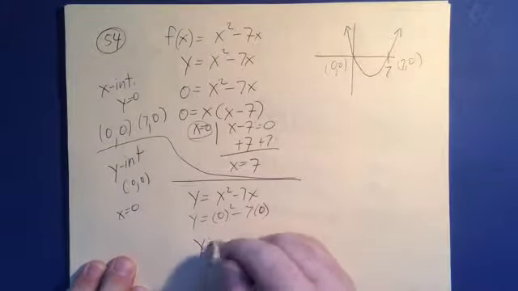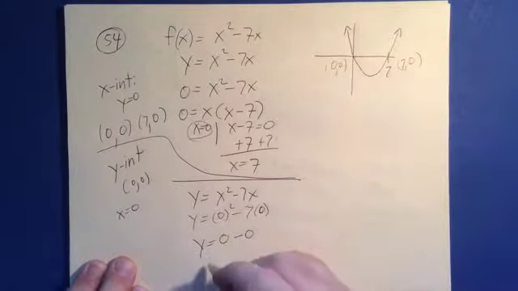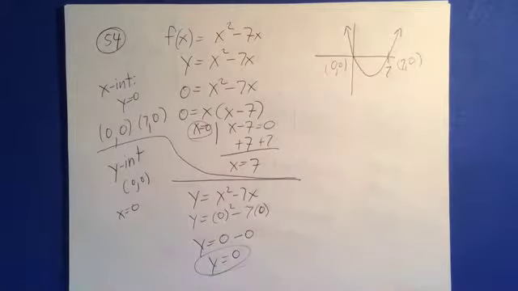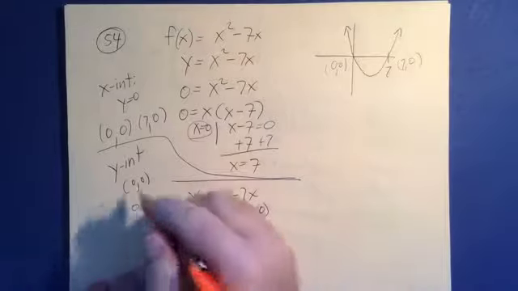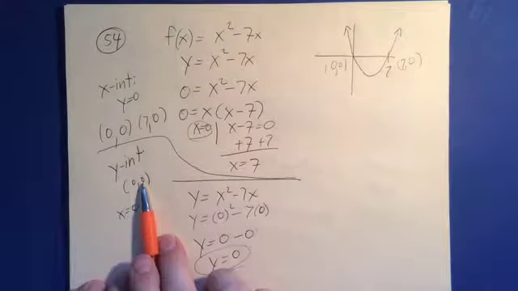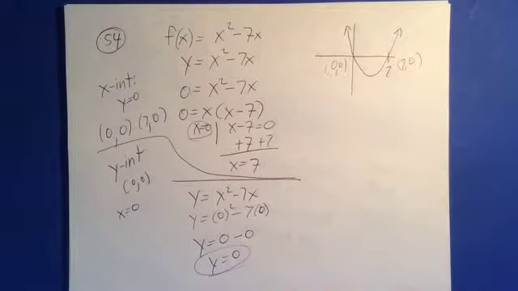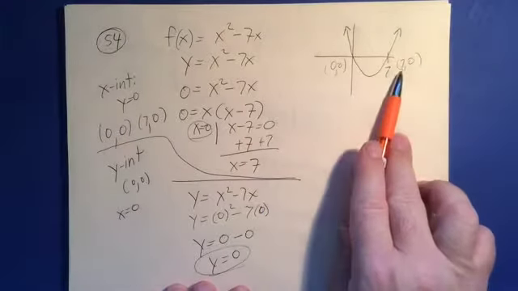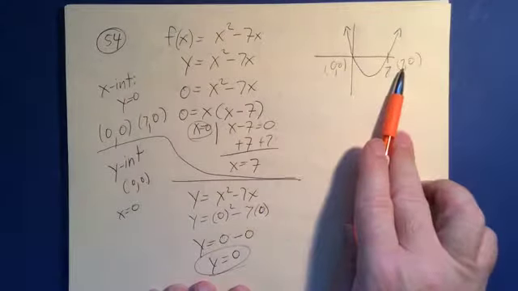Then that's going to give me y is equal to 0 minus 0. Well, 0 minus 0 is still 0. So that turns out to also be the case. So we get the point here, the value of y being 0, and of course the value of x is 0. So we have here the x-intercepts of (0, 0) and (7, 0).